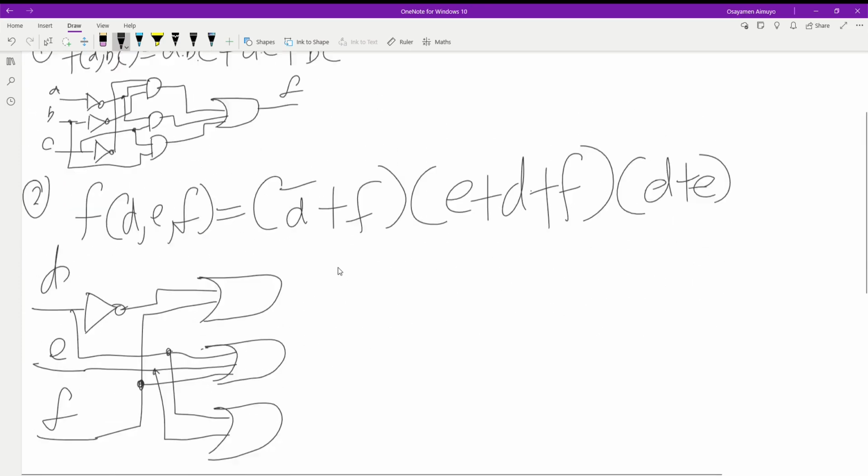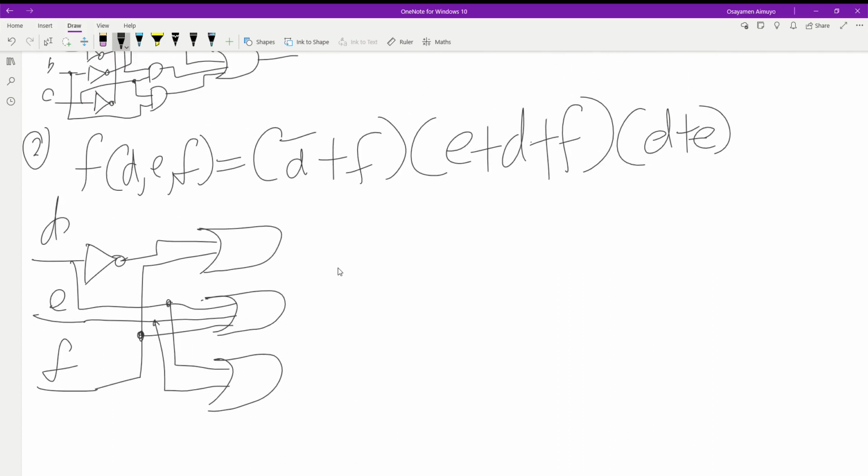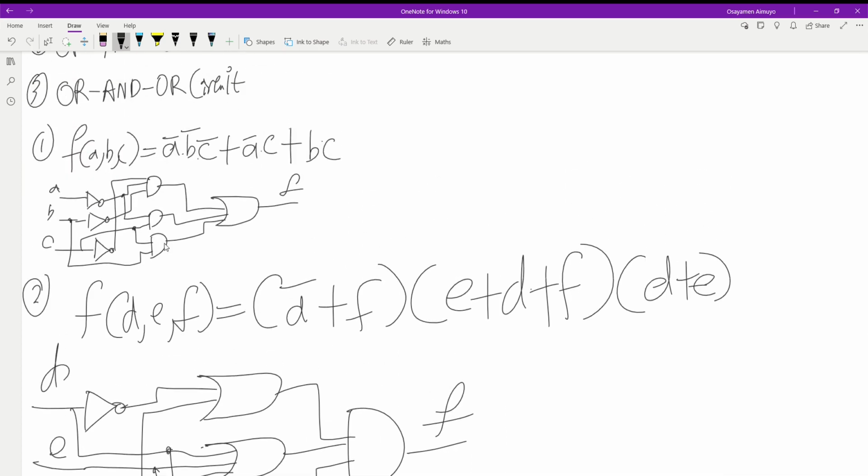The last level would just be a 3-input AND, and then we put this here, put this here as well, and then put this here, and we have F. I'll call this F1, call this F2.